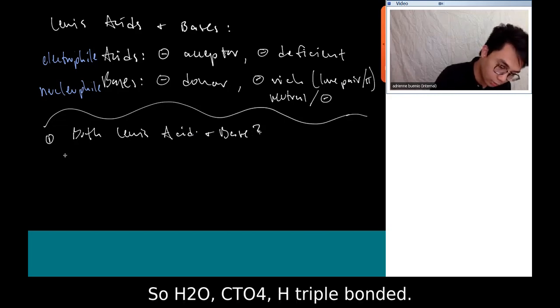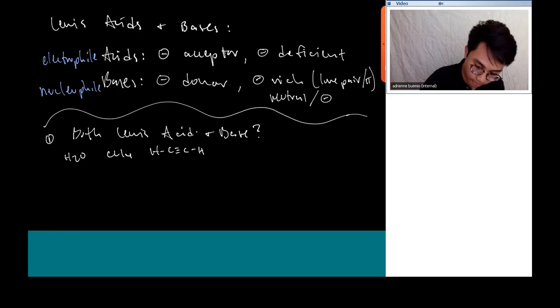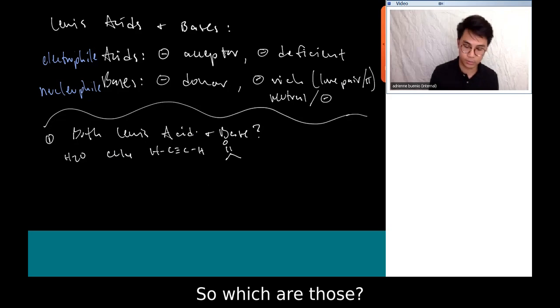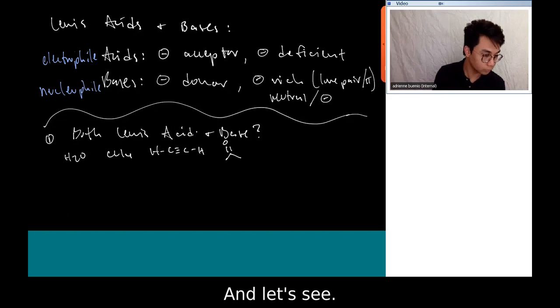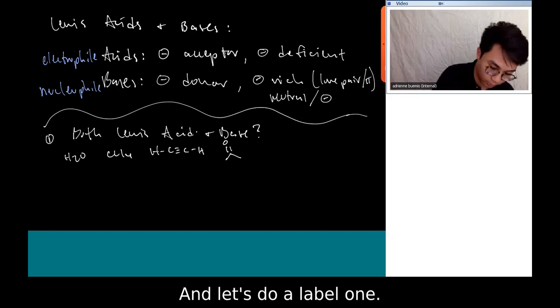So H2O, CCl4, H triple bonded. Okay, so which one of those? All of them, none of them, just some of them?